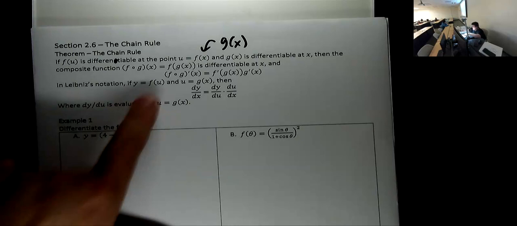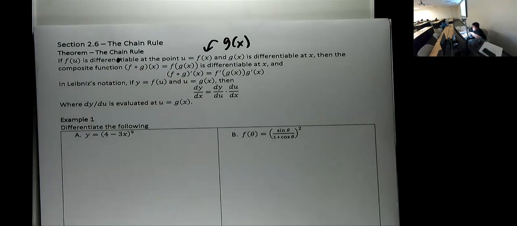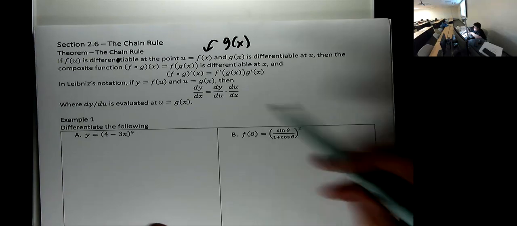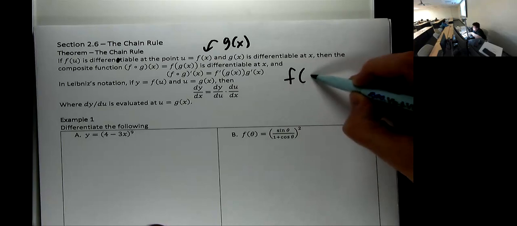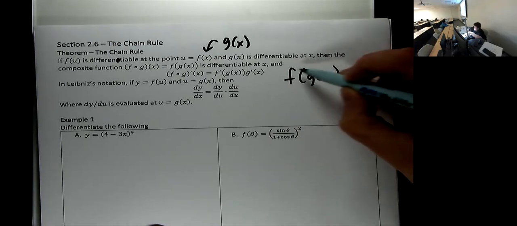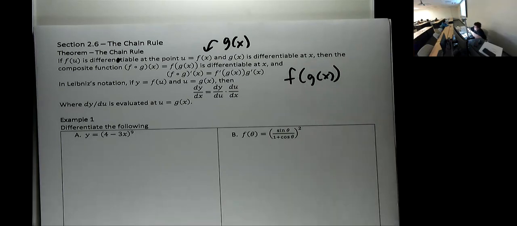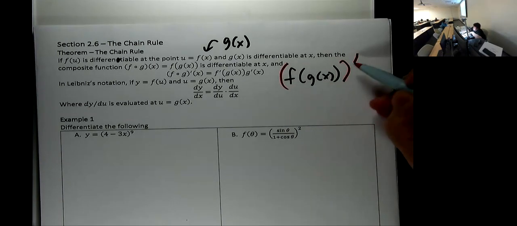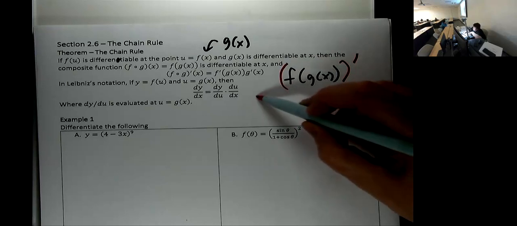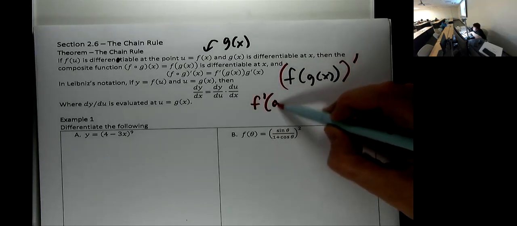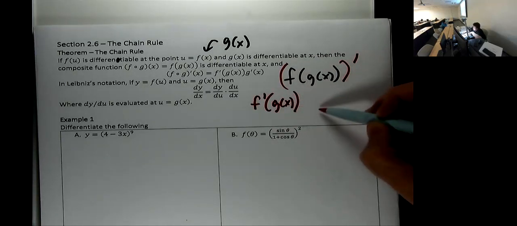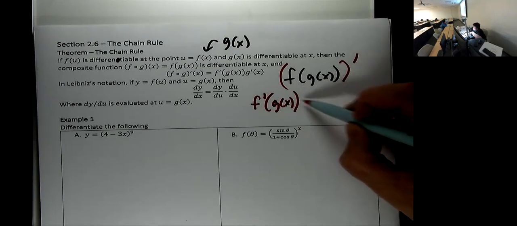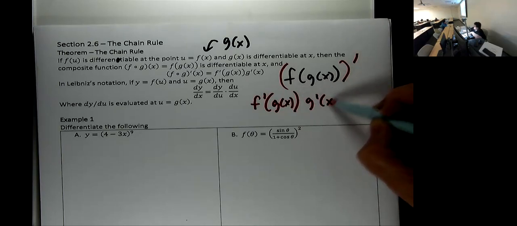Because we're doing g of x inside of f. So if f of g of x is differentiable at x, you start with f of g of x. And when you take the derivative, you work inward. So we're going to do the derivative of f first, and we're going to leave g of x inside of it alone. And then we move inward again and we take the derivative g prime of x.